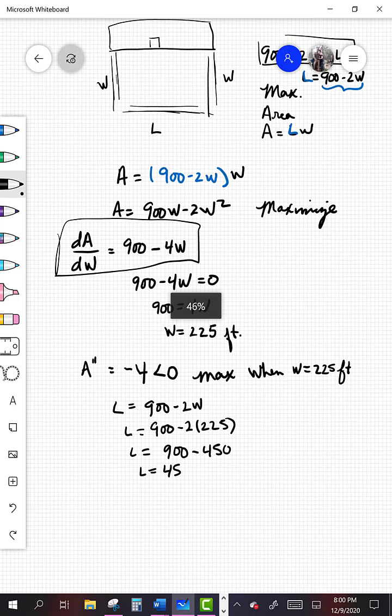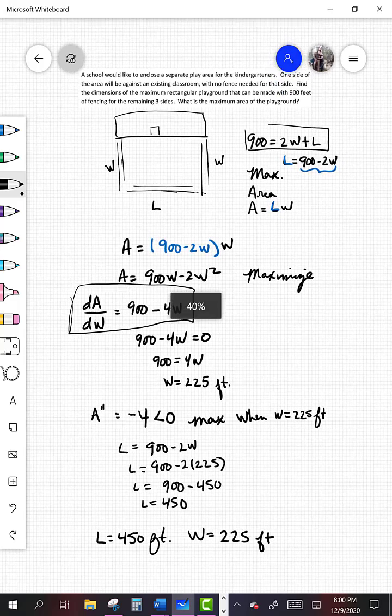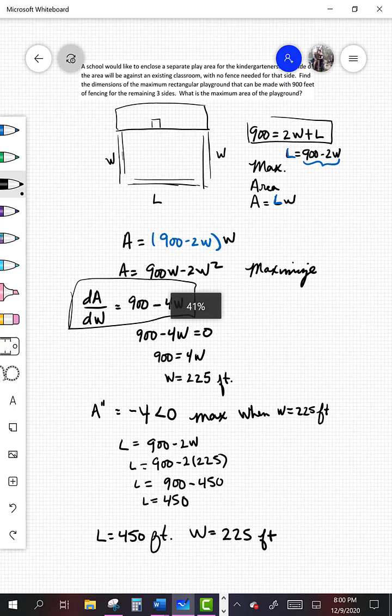So the maximum area is going to occur when our length is 450 feet and our width is equal to 225 feet. What is the maximum area of the playground?